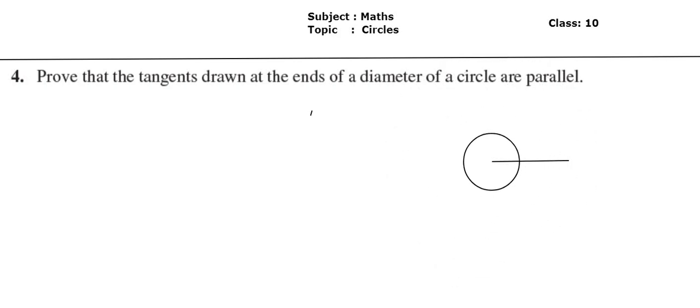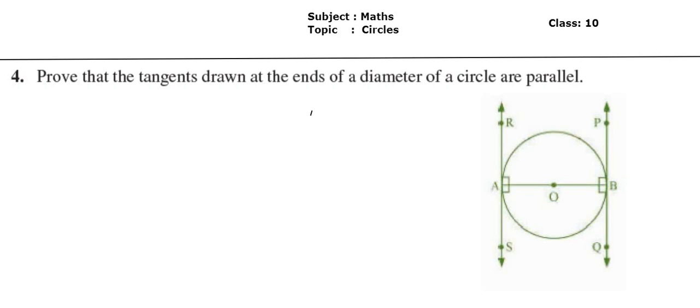Here in this figure, AOB is a diameter, that is, AB is the diameter, and we have drawn two parallel tangents, RAS and PBQ.